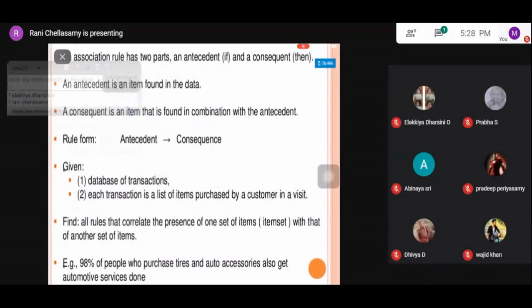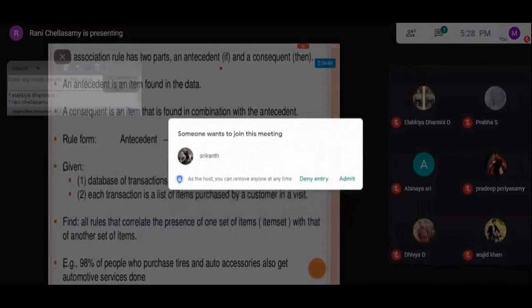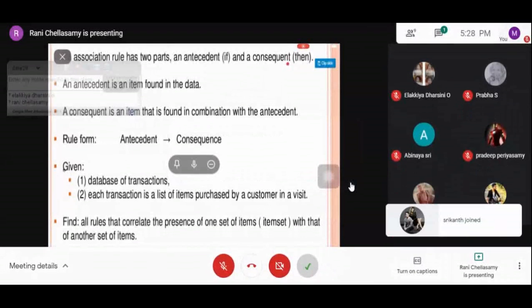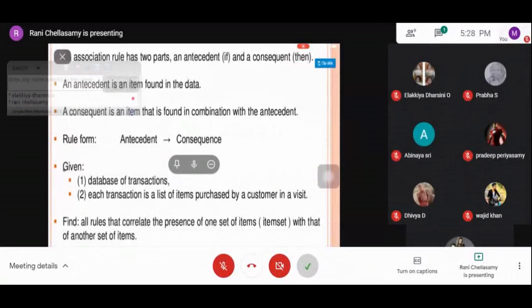This association rule consists of two parts. One is called the antecedent, the if part, and the next part is called the consequent, the then part. The antecedent is the item found in the data, and the consequent is an item found in combination with the antecedent.